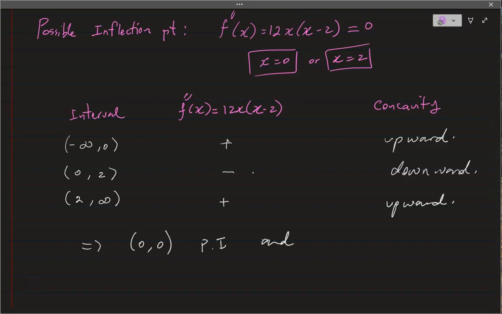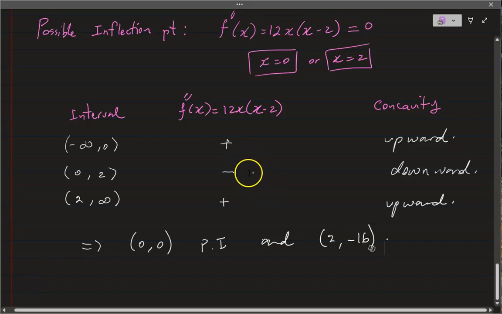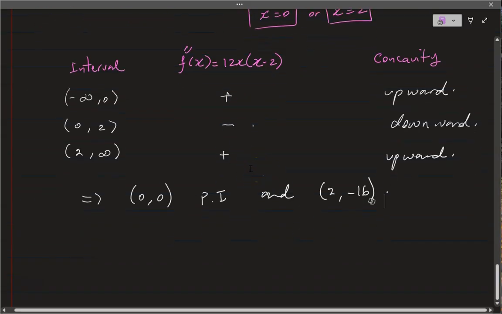And also we have 2, and when you plug it back into the function, you get negative 16 as a point of inflection. So we have 2 points of inflection because they change the sign. That's great. Now we can look at the concavity and the curvature change.